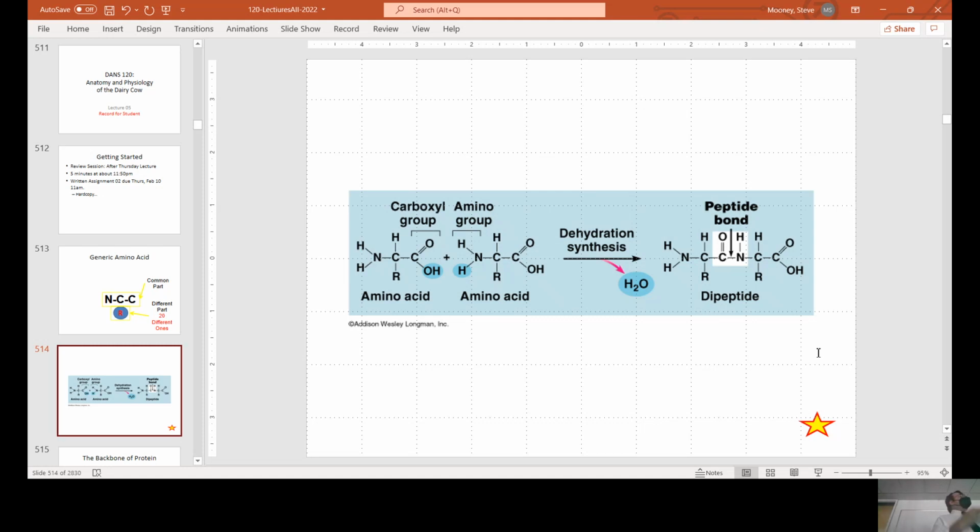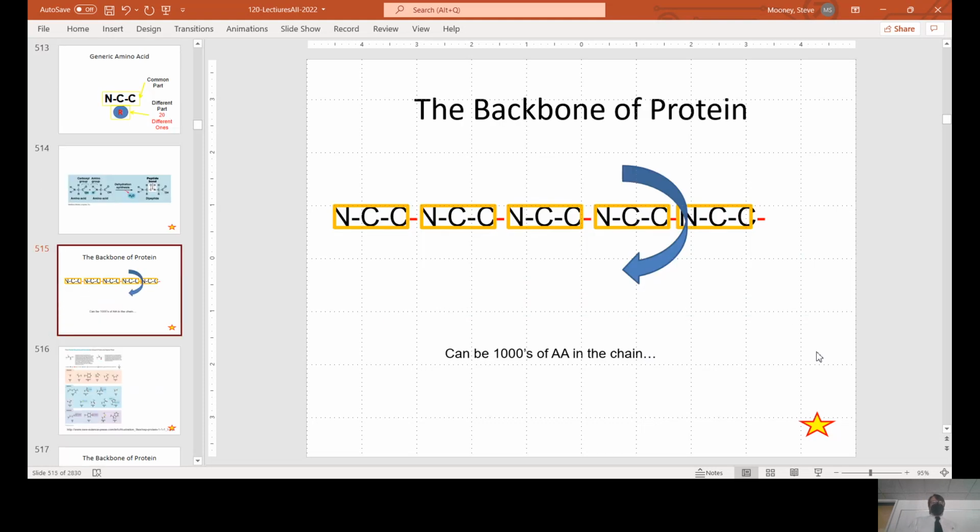So dehydration, we pull that water out. We connect those two amino acids together to form a peptide bond between the carbon and the adjacent nitrogen. We add water back, we can break that bond. The proteins can flip around, can turn around along that backbone.